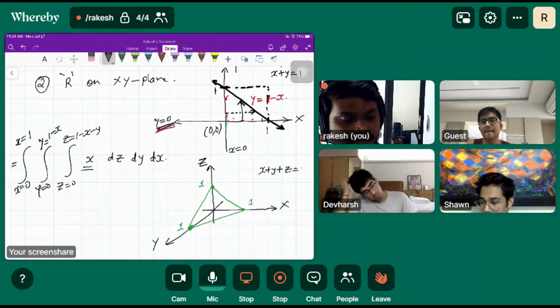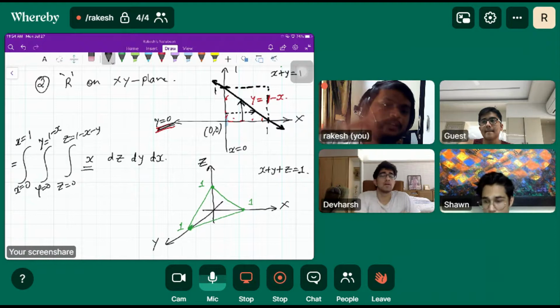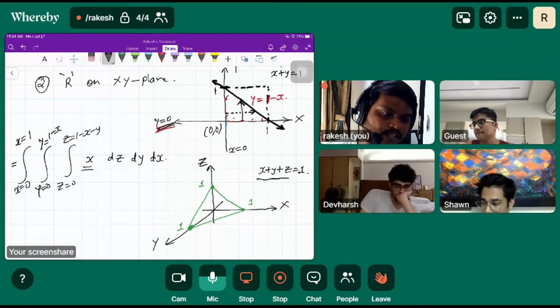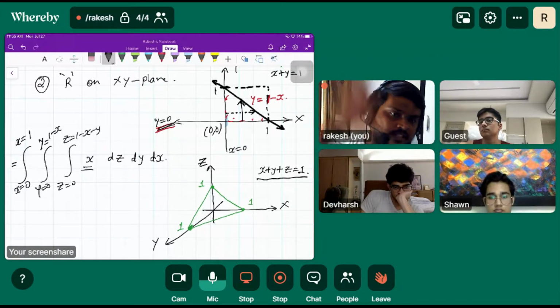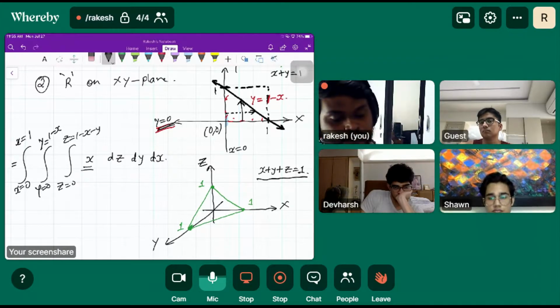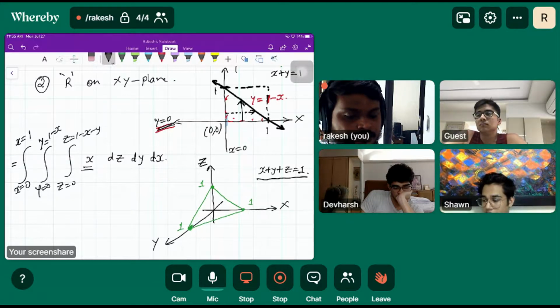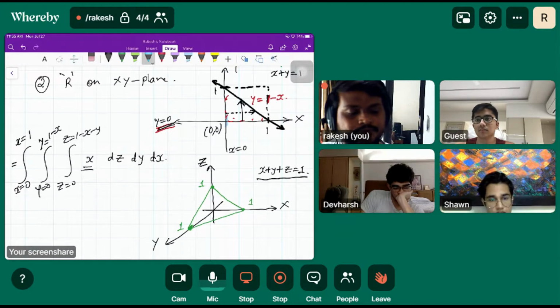And that passes through 1 on each coordinate axis, right? So this x plus y plus z is equal to 1 is nothing but the plane which I have drawn by the green line. Now what is our T here?